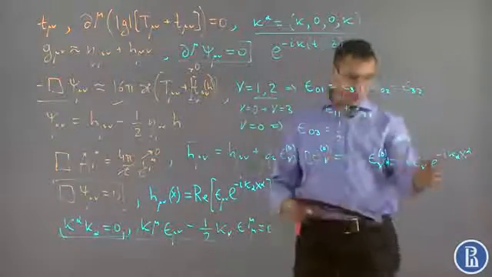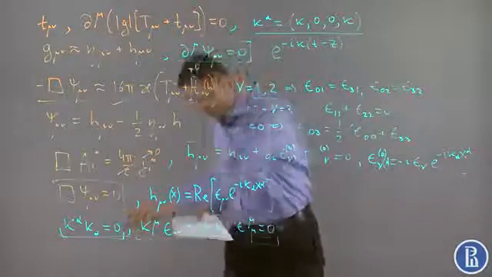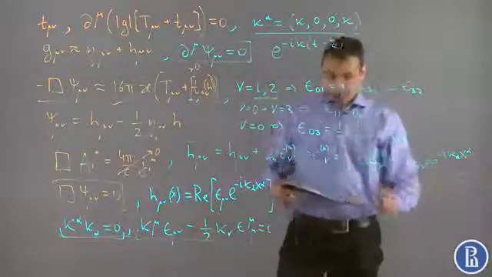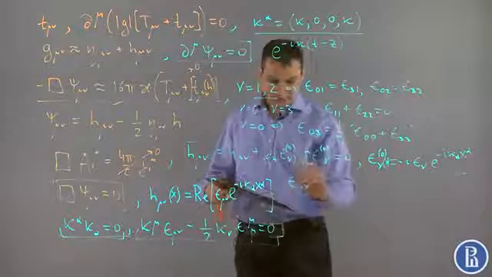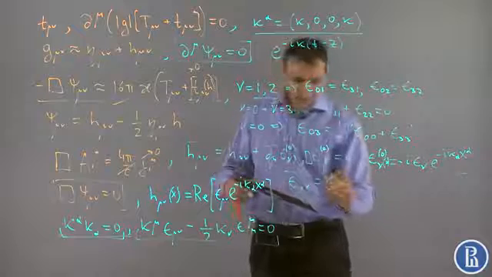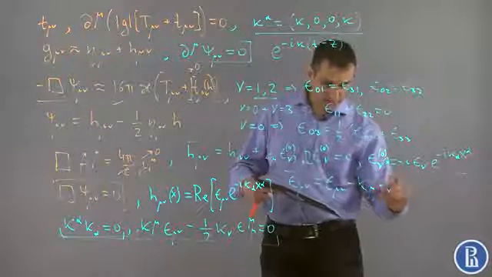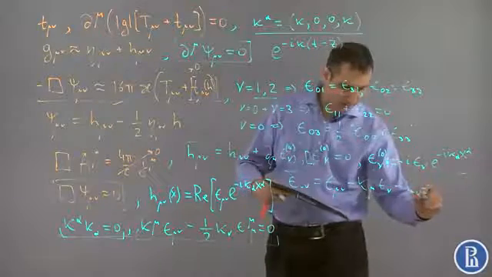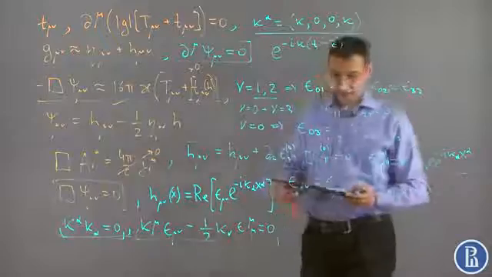It does solve this equation if k alpha obeys this relation. So under such a transformation, epsilon mu nu transforms like this: epsilon mu nu minus k mu epsilon nu minus k nu epsilon mu. Well, this is just the transformation law for this epsilon.